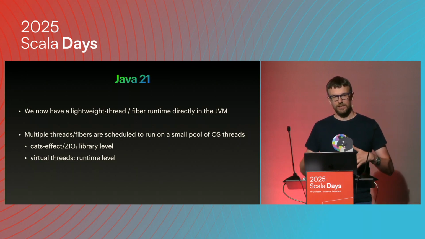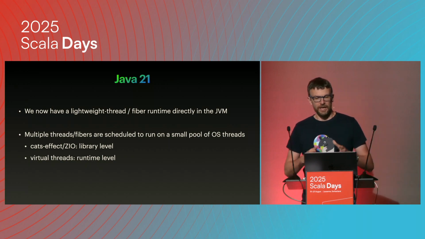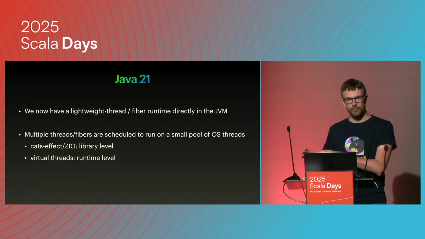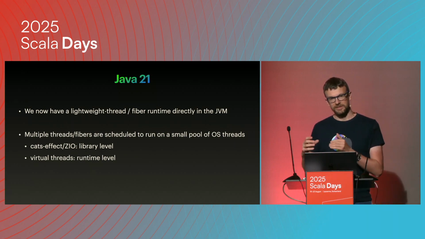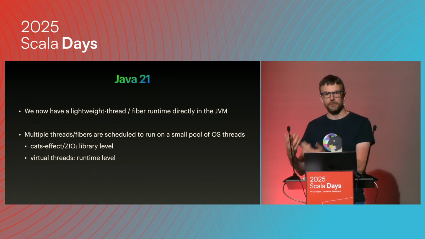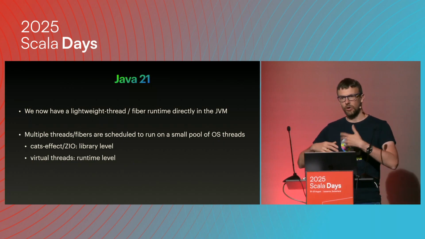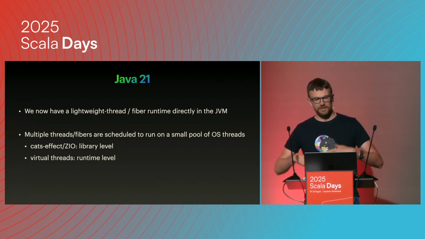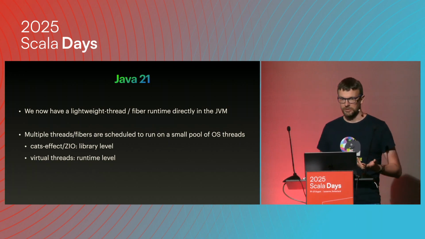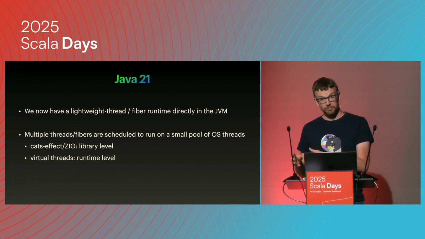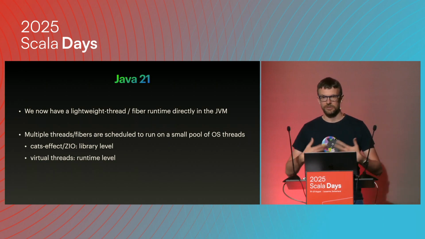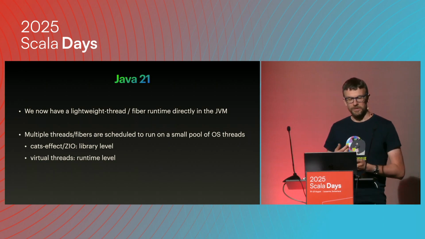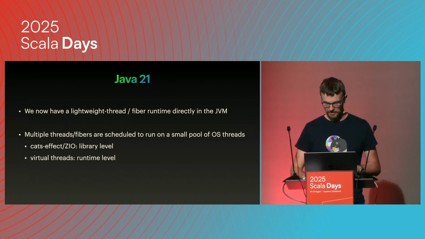And the way virtual threads or Project Loom in Java works is very similar to how Cats Effect or ZIO work. The main difference is that Cats Effect and ZIO actually do it at the library level. Right? And that's why you need all these data types so that the libraries can manage the computations. With Java 21, this is now moved into the runtime. So we don't need this additional syntax layer, which opens up a whole lot of new possibilities.